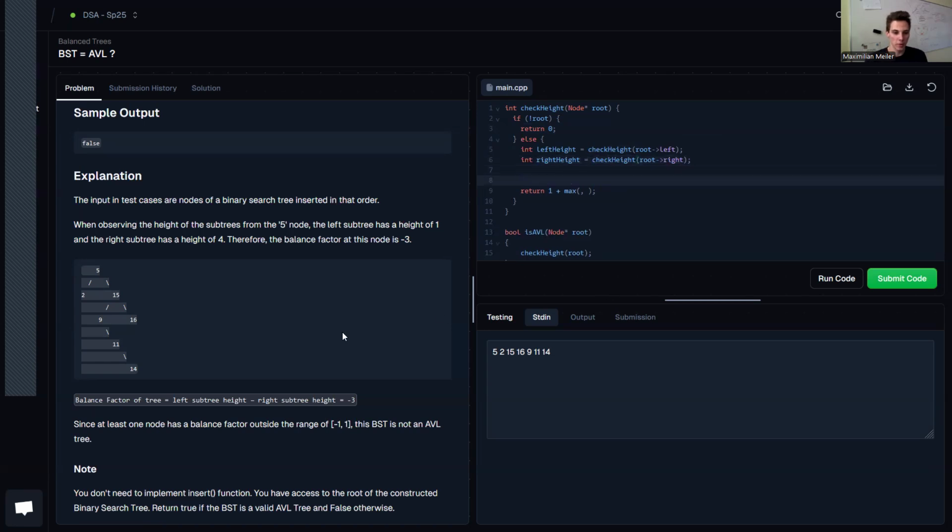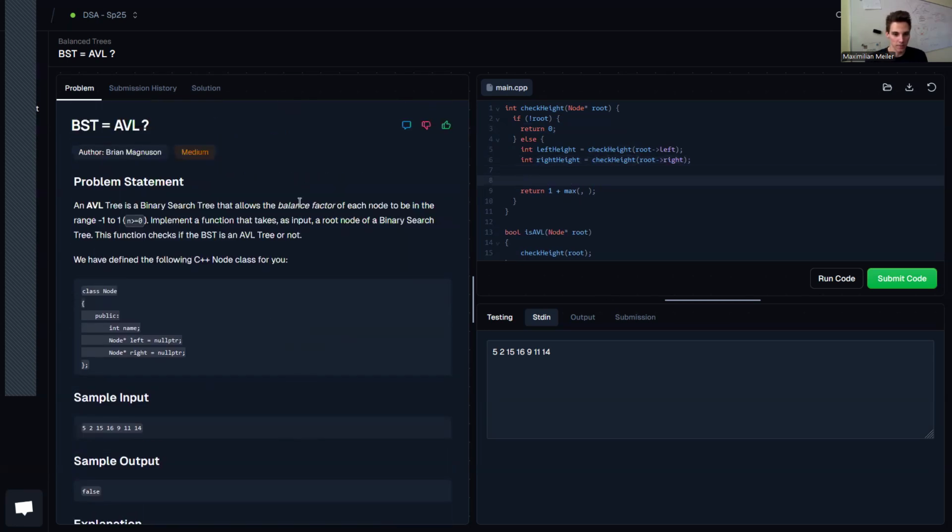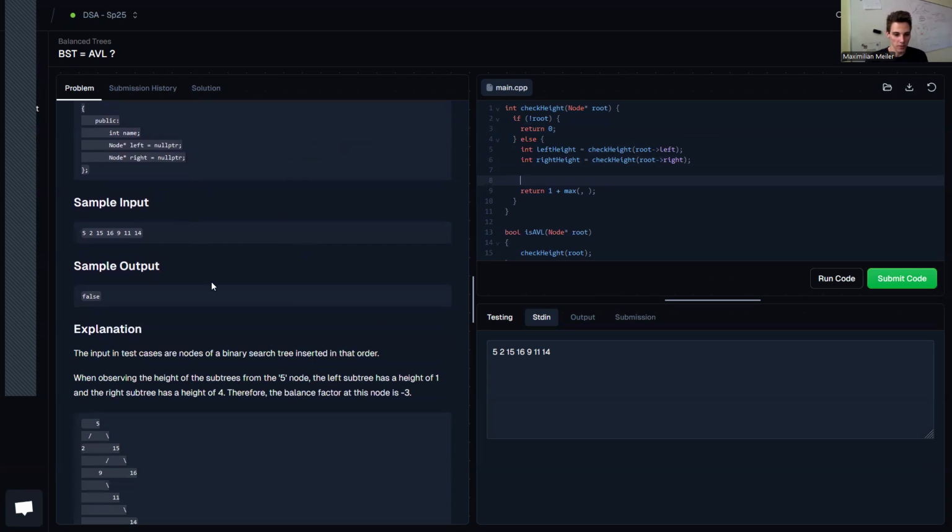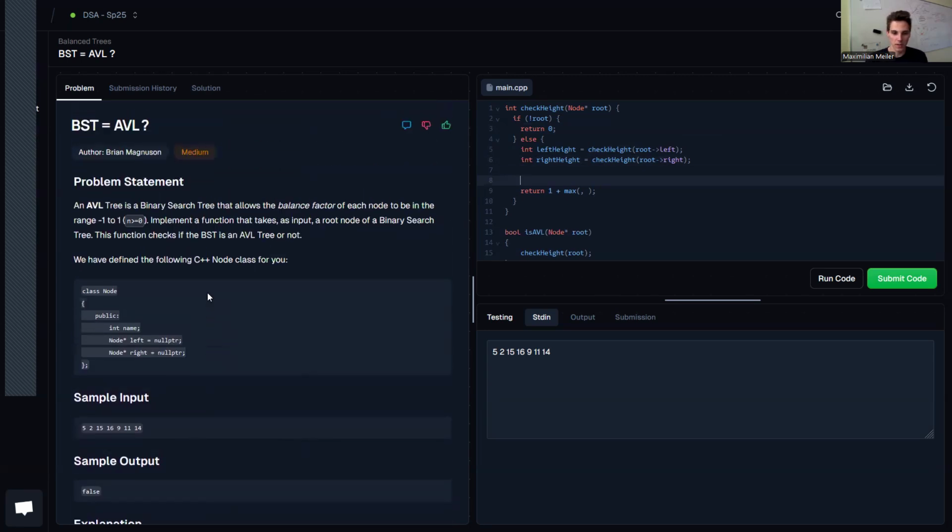And remember, when we check the balance factor, the balance factor has to be outside the range -1 to 1 to make it not an AVL tree. An AVL tree will always be within this range. And so what we can do is, obviously, we want to subtract the heights and check if it's in that range. What we can actually do is take left height minus right height and take the absolute value of this.